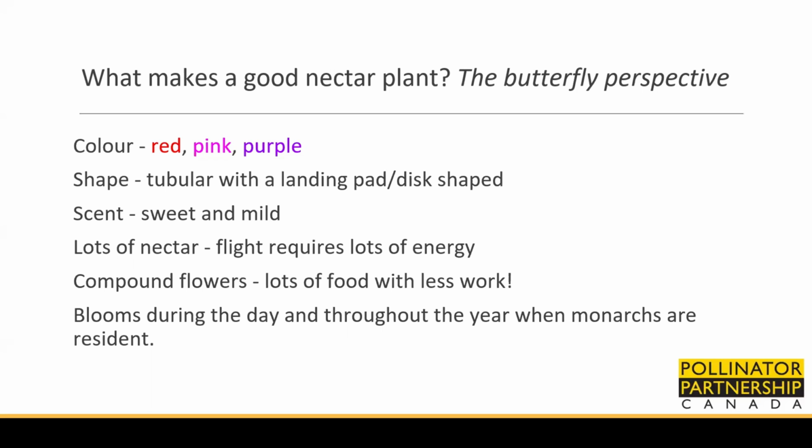And they often are attracted to flowers with a mild scent. Flowers that provide a lot of nectar are preferred, as flight requires much energy. Compound flowers are ideal because you can get a lot of food with less work. Butterflies are looking for blooms during the day and throughout the spring, summer, and late summer.